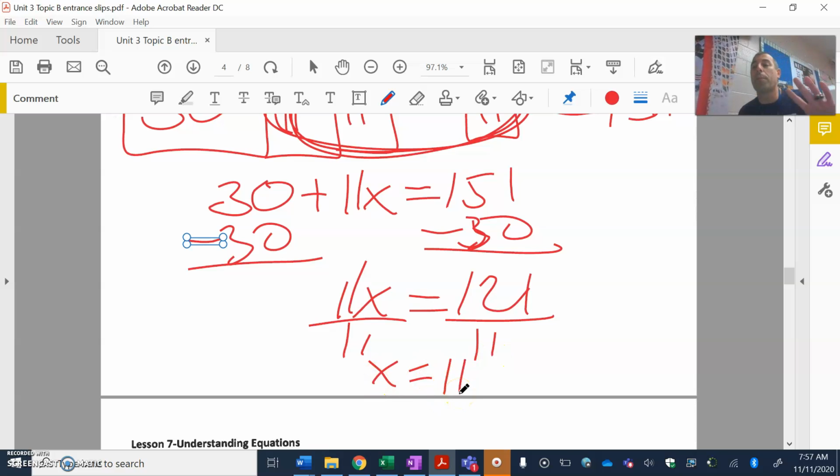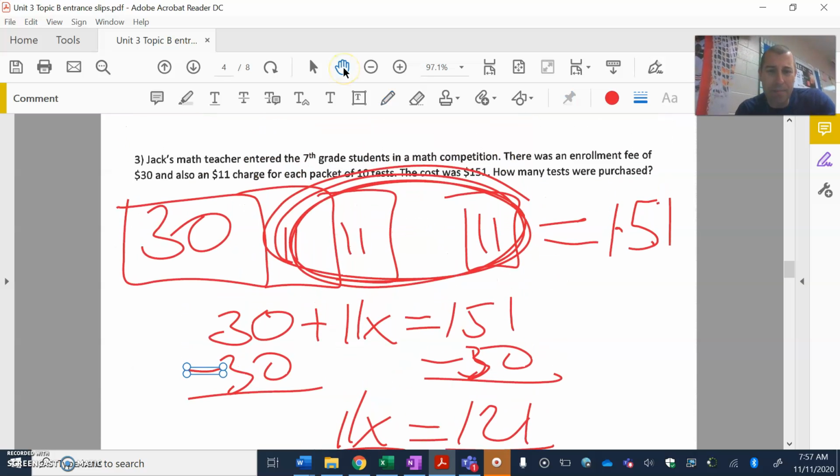Now, the thing that we're pushing here today, and overall, is you have to make sure you're answering the question. I solved my equation. I got 11, but I don't think that's the answer. Let's go back up again. How many tests were purchased? Okay, it's $11 for each packet.